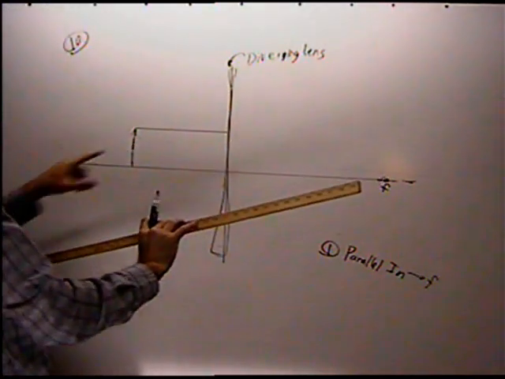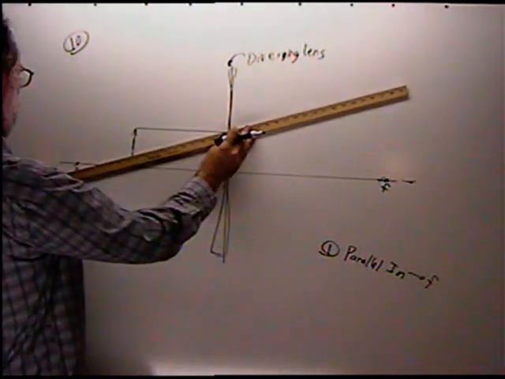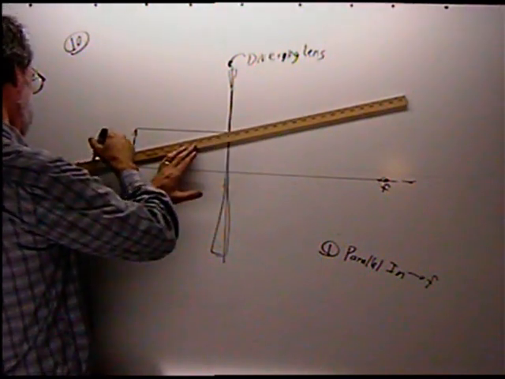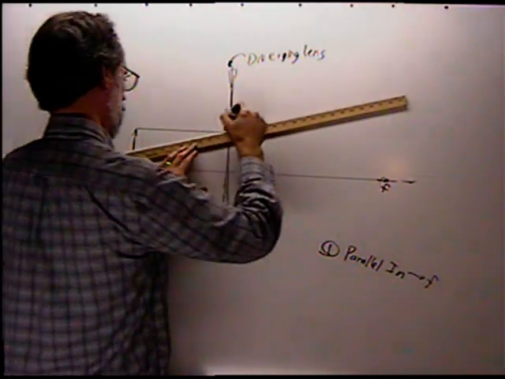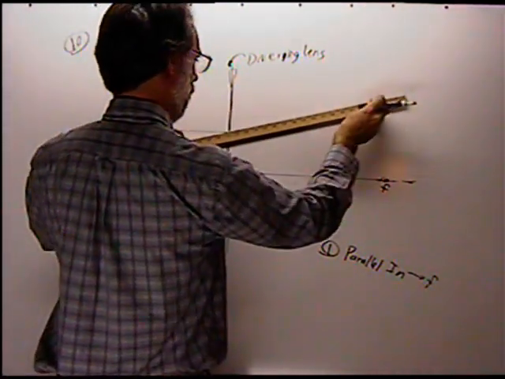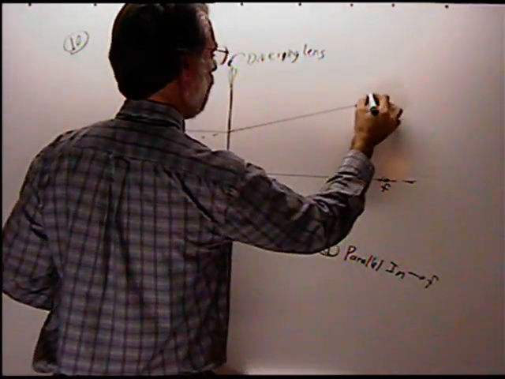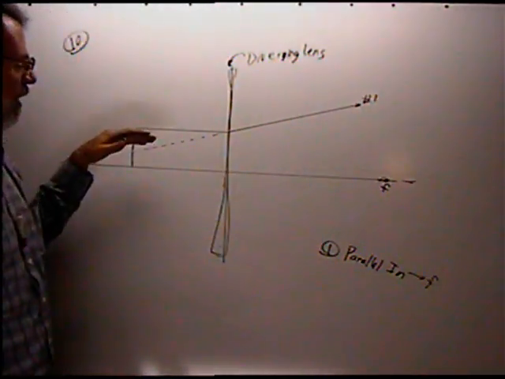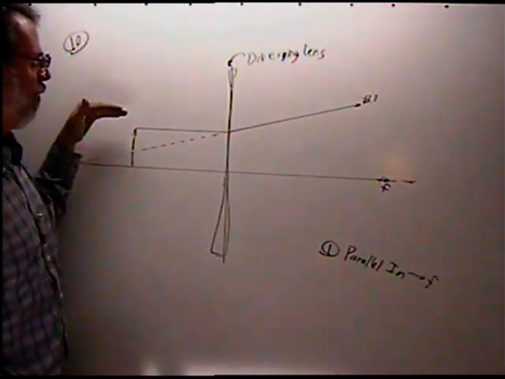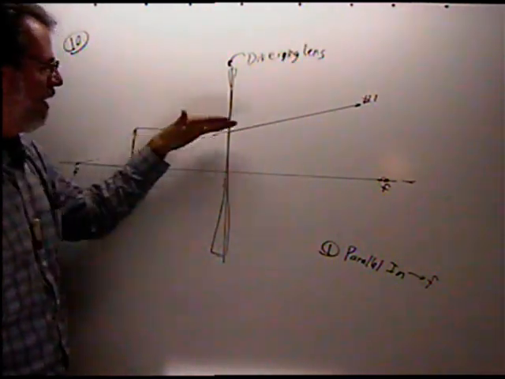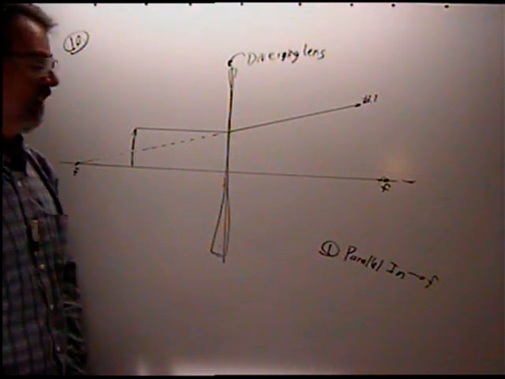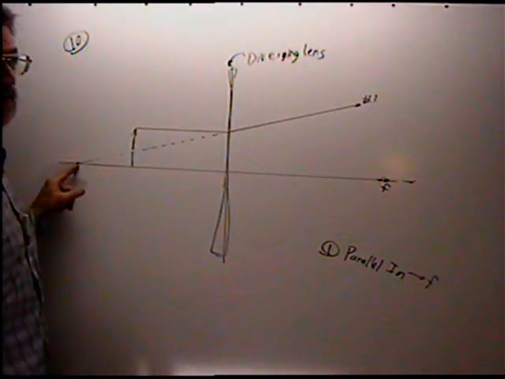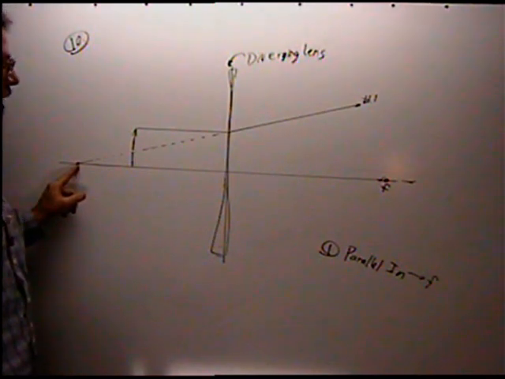So we line this up with this point, like this. The way you know for sure is that a diverging lens makes the parallel ray coming in diverge. But it looks as if it's coming through the focal point on this side, for a diverging lens.